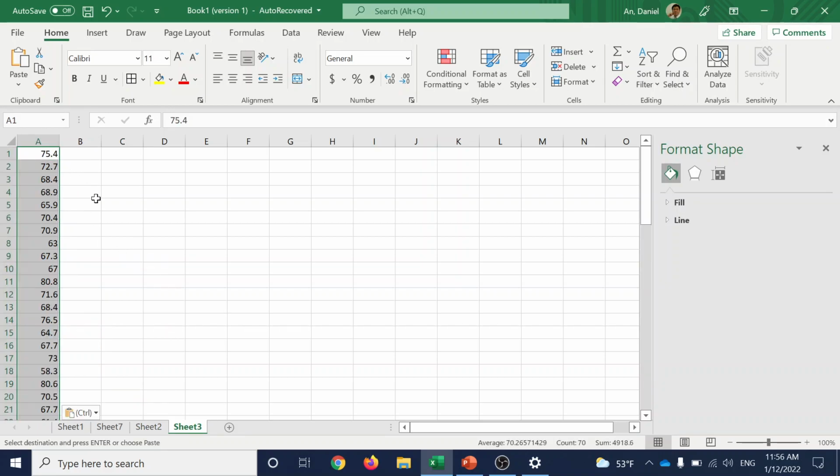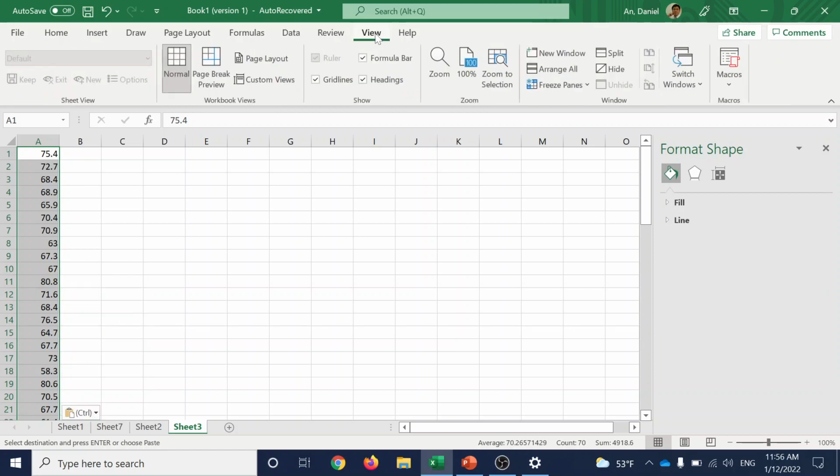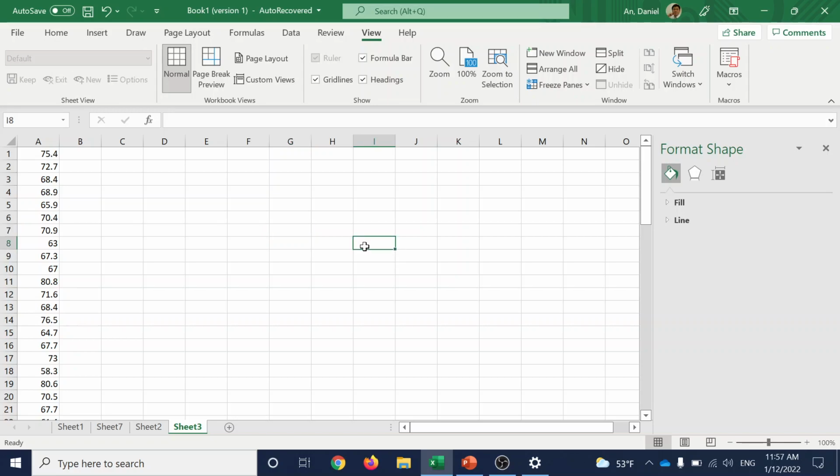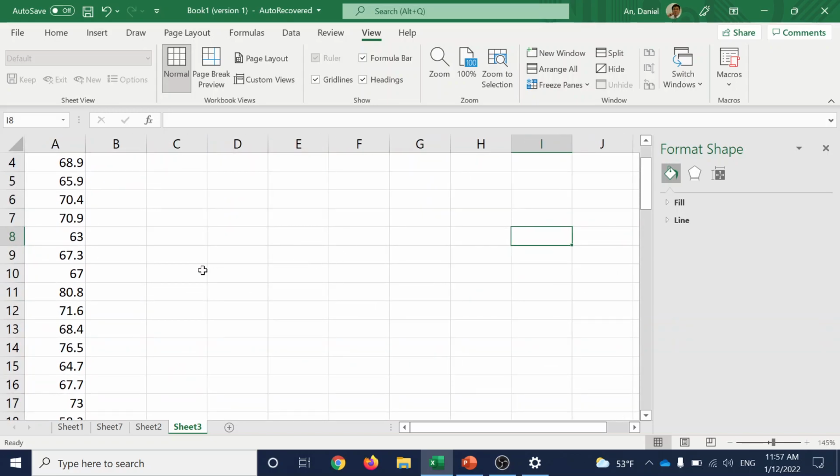Let's just paste it here. Since it's a bit hard to see, let me zoom in. Okay, all right. So these are the values.